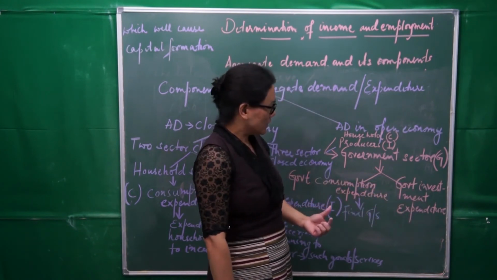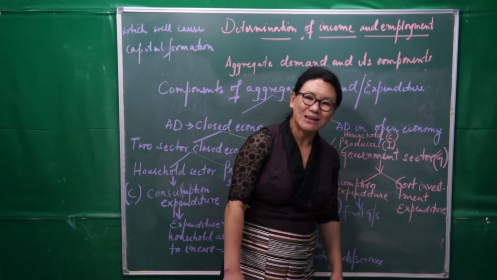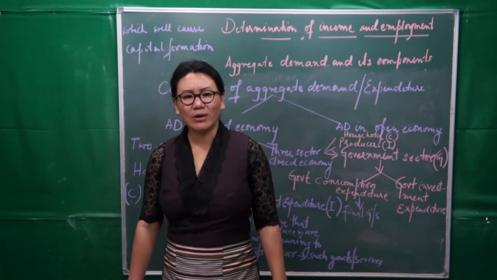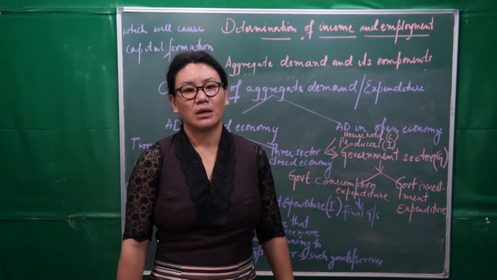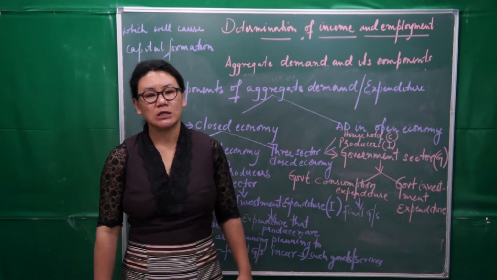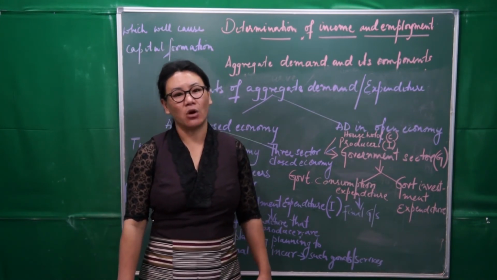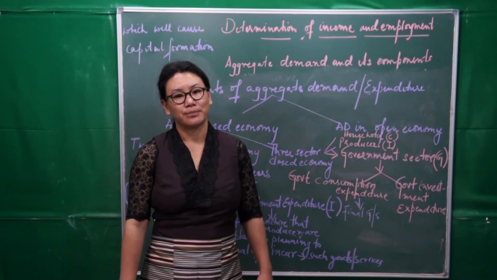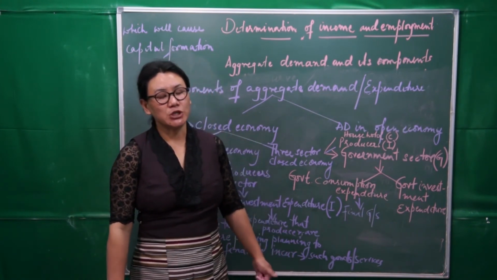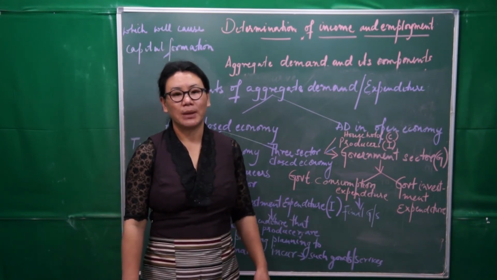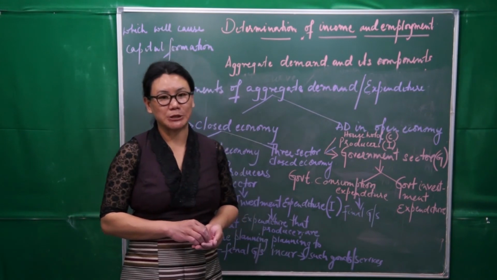Now, whether it is meant for consumption expenditure or it is meant for investment expenditure, whenever we say about the government, its motive is always for the welfare sake of the society. So I've said here, both the expenditures are meant for the collective consumption of the society.